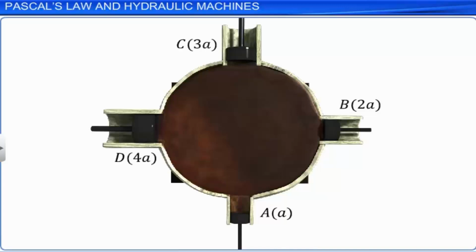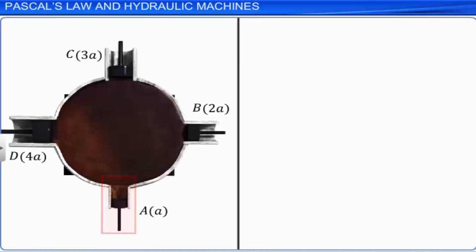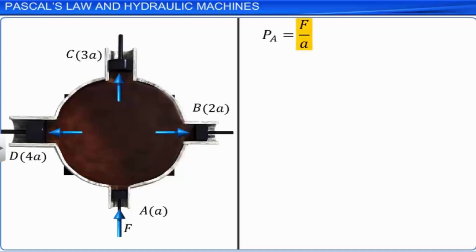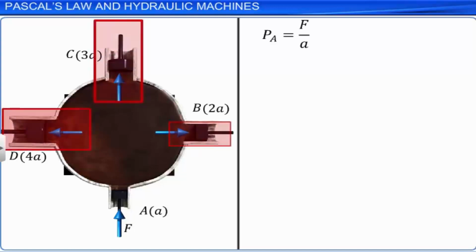Let piston A be pushed with a force F. Then the pressure on the piston is F by A. Pistons B, C and D move out due to this pressure. However, pistons B, C and D can be held in their position only when the forces applied on them, that is, Fb, Fc and Fd are equal to 2F, 3F and 4F respectively.